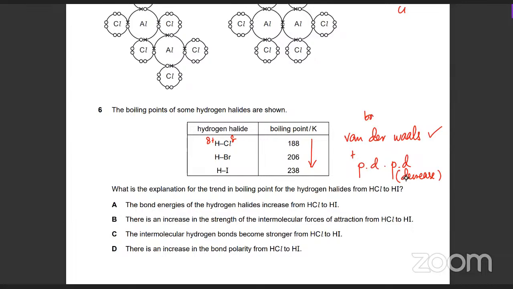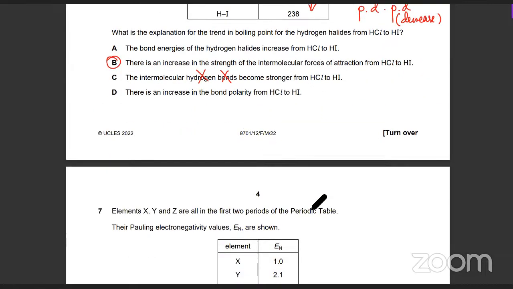But because the molecules are becoming bigger, you get more van der Waals forces. That is why the boiling points are increasing. So which is the correct option? They don't have hydrogen bonds. But I believe it's B. It's going to be the most generic statement. That's B.